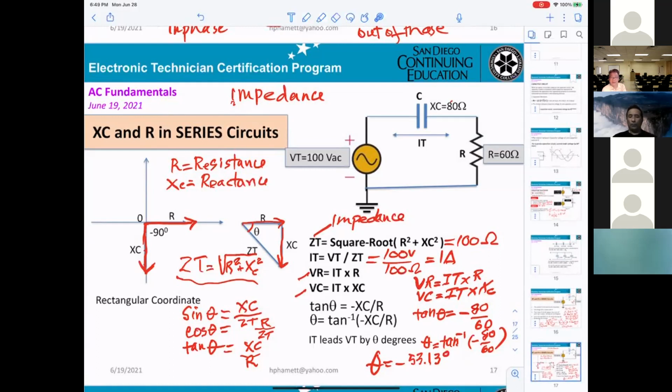Then you cannot simply add VC to VR to get VT, because they're not in the same phase.